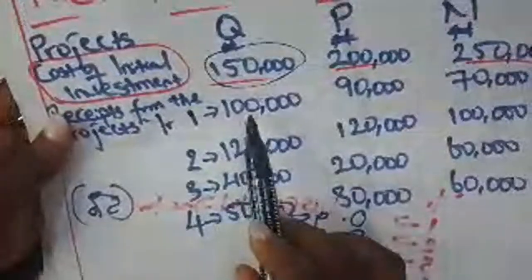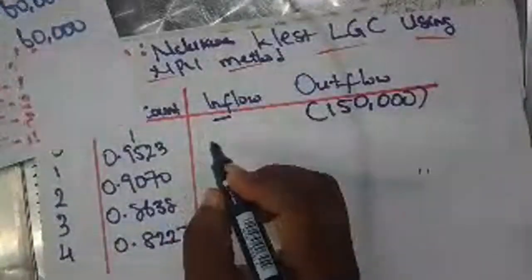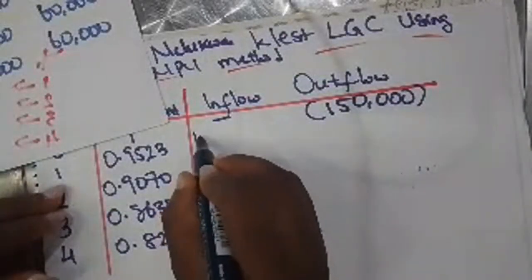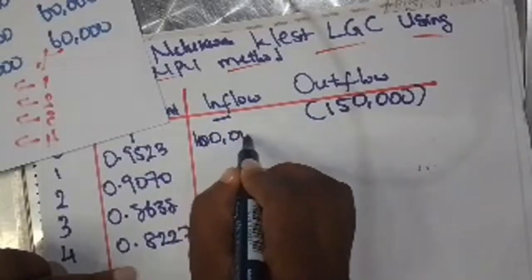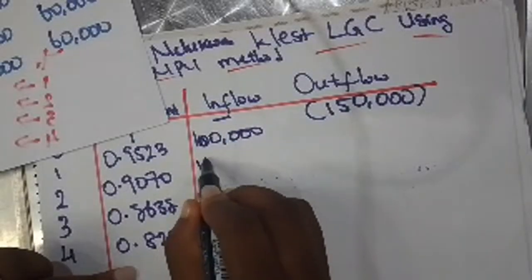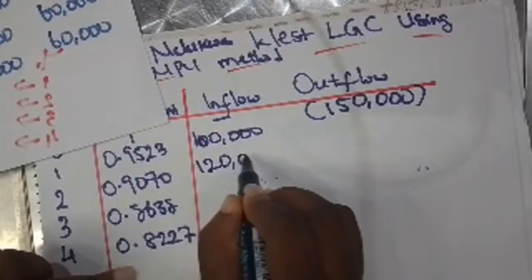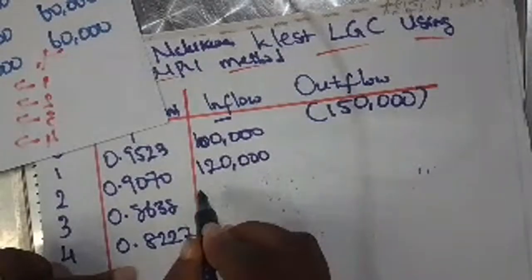Now we're told that the expected inflow for year 1 is 100,000 naira. So we just fix them here. Year 2, 120,000. Year 3, 40,000.